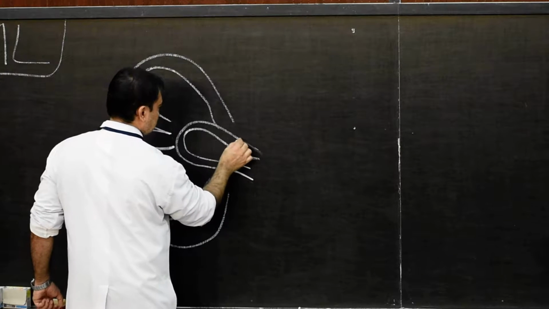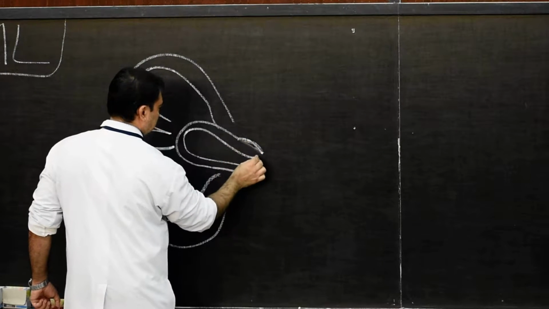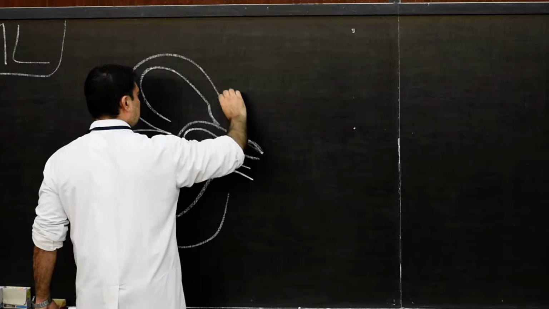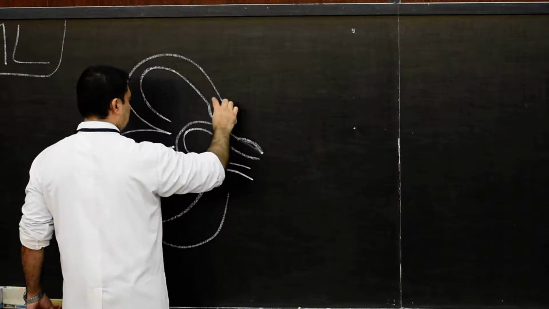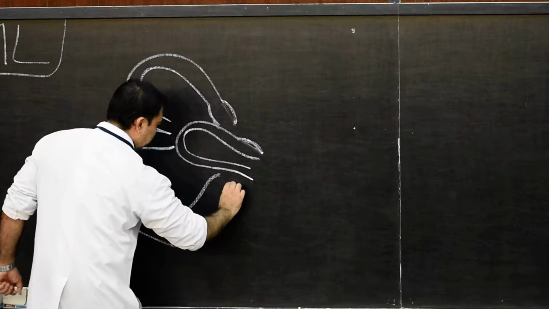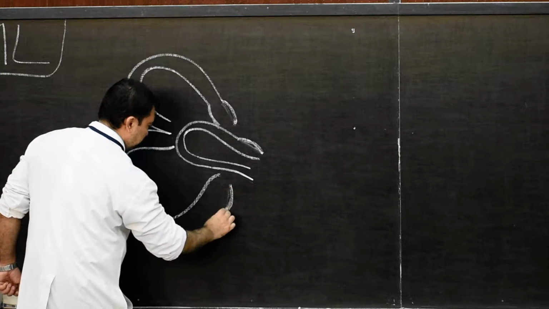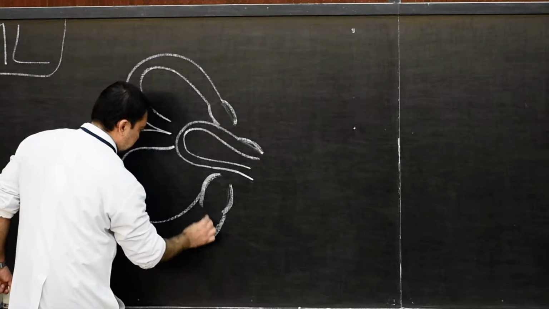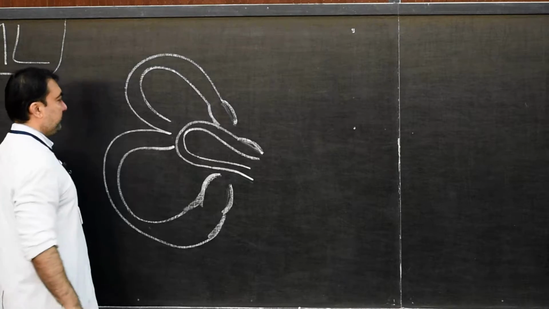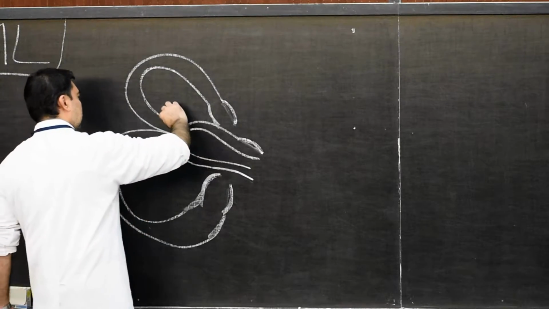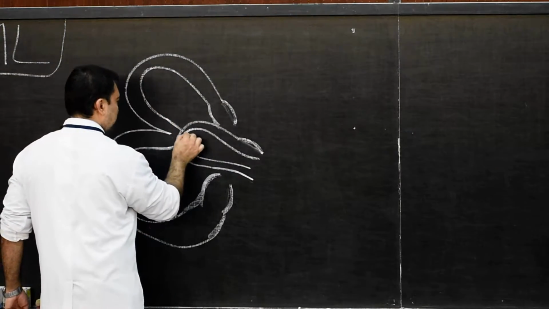This one will be the ampullary segment of lateral. This one will be the ampullary segment of the anterior, and here this will be the ampullary segment of posterior semicircular duct. And we know that this one will be crus commune.